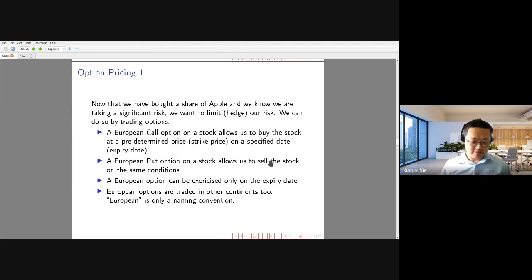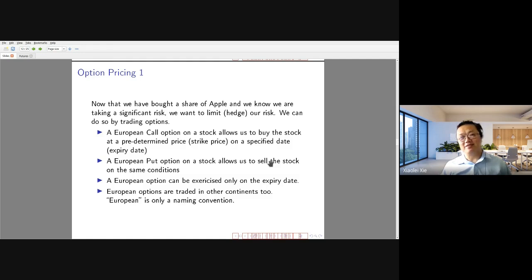So this option gives us the right to buy the stock or sell the stock, if we have the call or put option, but it doesn't give us any obligation. So if our stock investment actually goes pretty well and it is well above your initial investment, and you don't need that, let's say the stock is $100 when you buy it, and you have bought a European put option to protect you against the risk of the stock price going below $85.